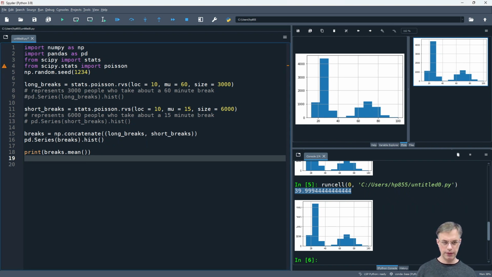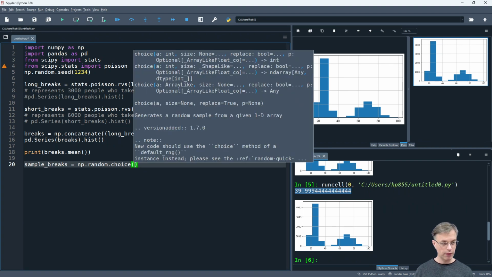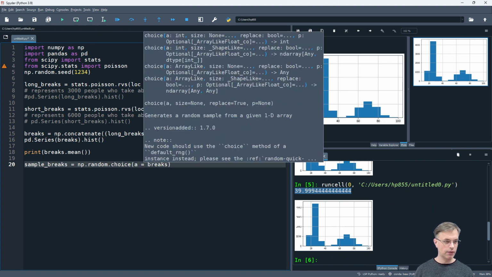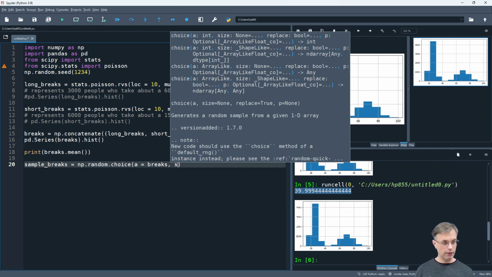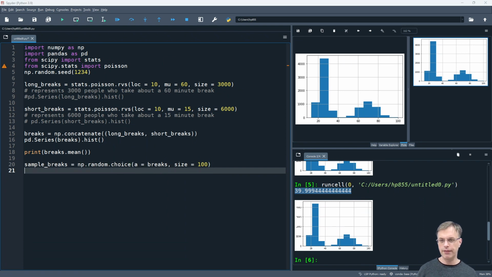Okay, so we need this time sample breaks, and np.random.choice, with a is breaks, and size is 100. Taking a sample of 100 people, 100 employees.